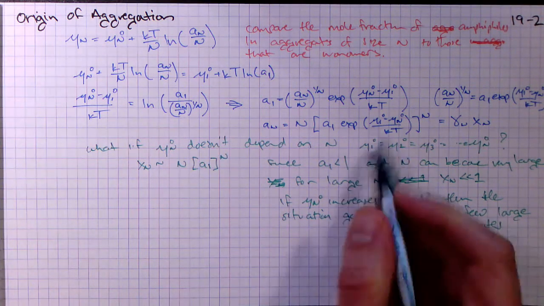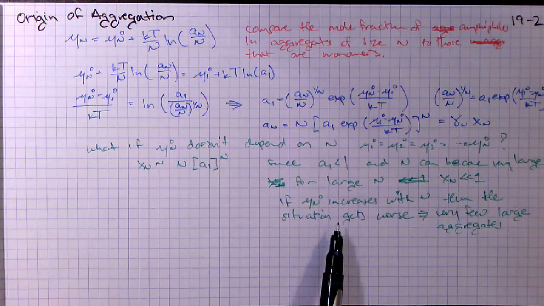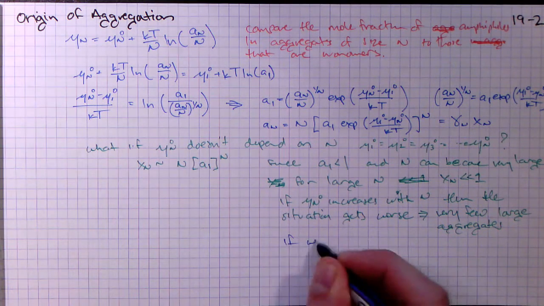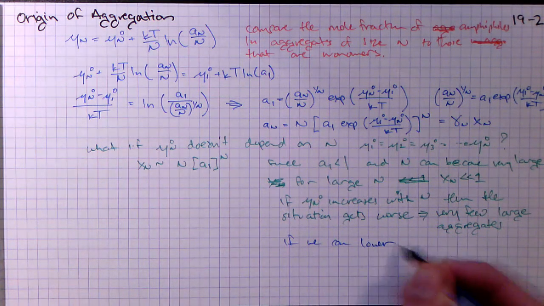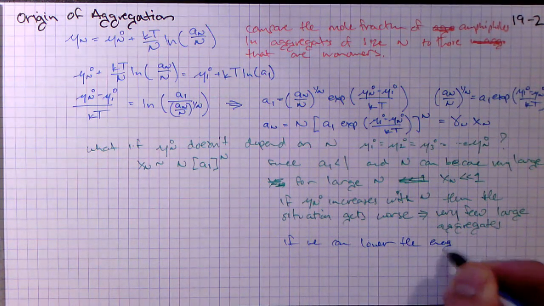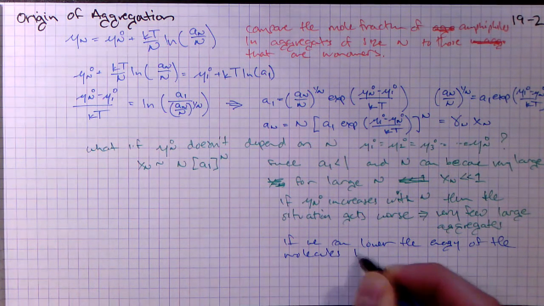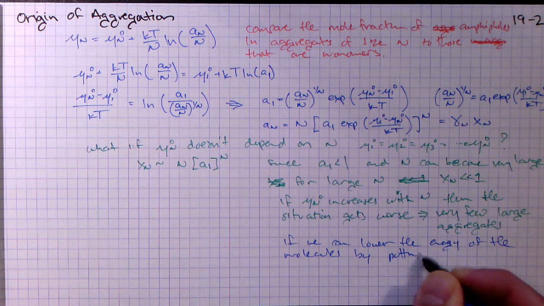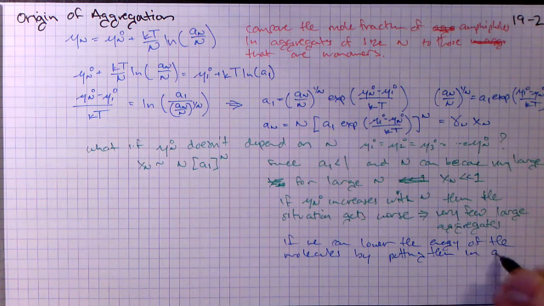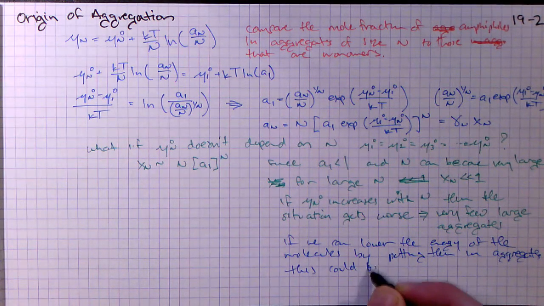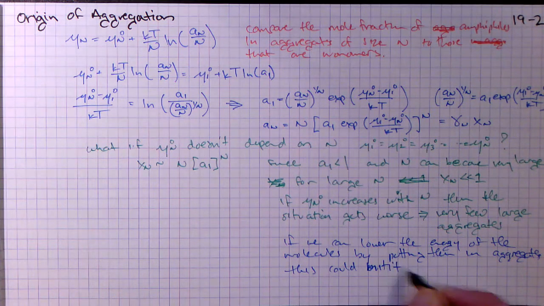But on the other hand, if we were to have a situation where we could lower the energy of the molecules by putting them in aggregates, this could sort of mitigate the situation, right?